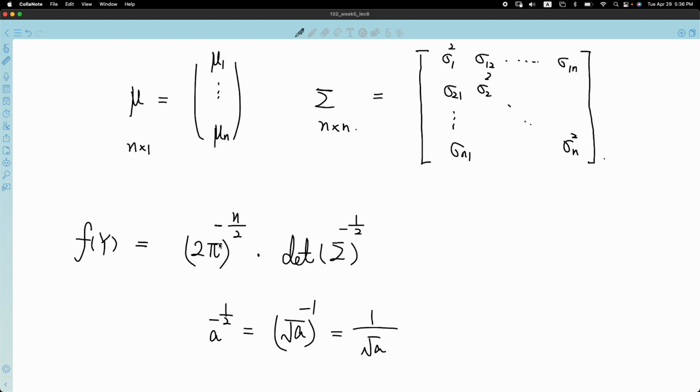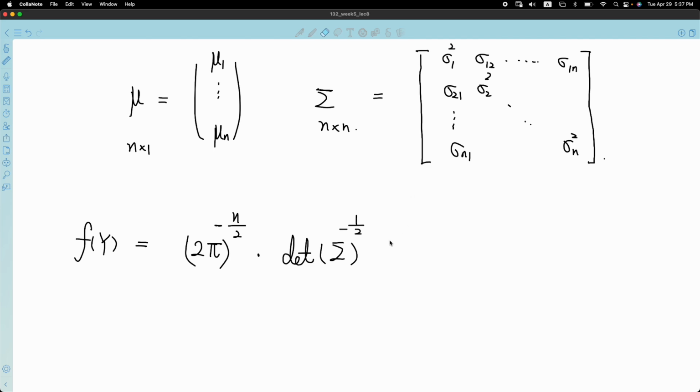So negative pushes it to the denominator, and 1/2 is just taking a square root for a scalar. So for the sigma matrix, you get the determinant to the negative 1/2.